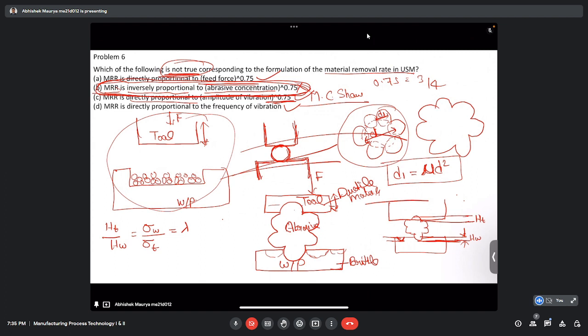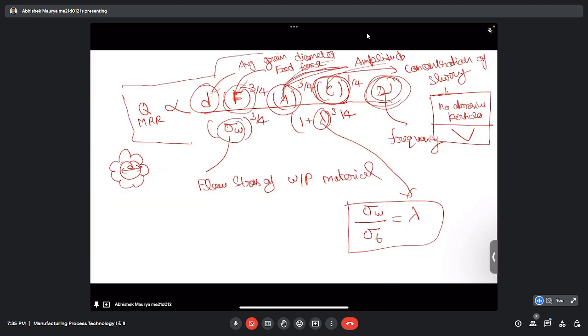But the fundamentals I've explained: what assumptions are taken, and what configuration has been assumed in order to derive this relationship. Those things I've explained. Okay, is it clear? Okay, so let's move to the next problem. If you find any difficulty, you can ask me later.